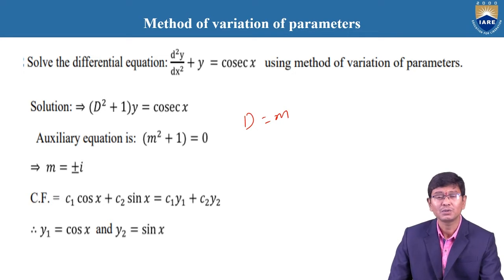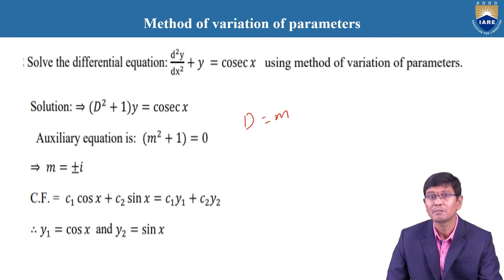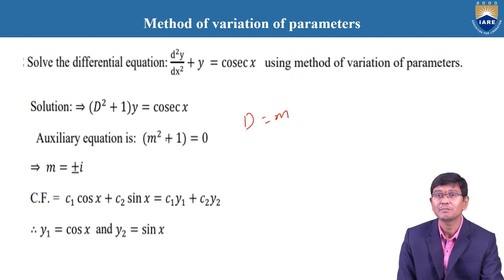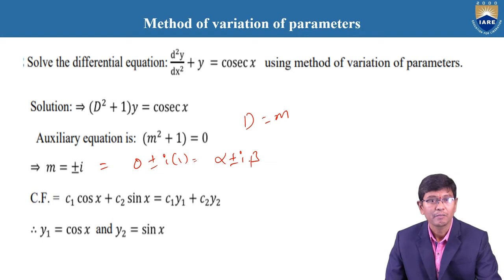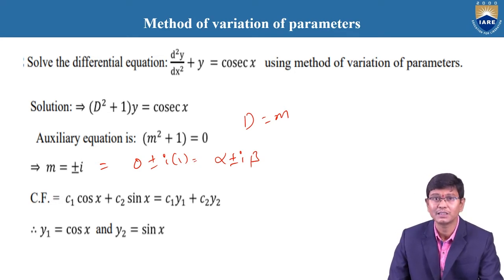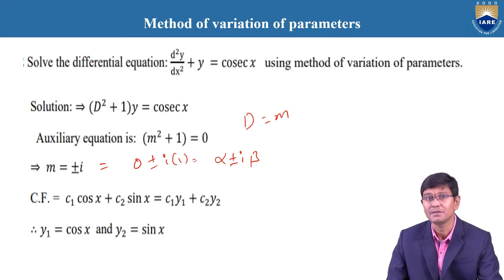The roots are plus or minus i, which are complex roots, that is 0 plus or minus i into 1, in the form alpha plus or minus i beta. By using case 3, whenever the roots are complex, we write e power alpha x into c1 cos beta x plus c2 sin beta x. Here the real part alpha is 0 and the imaginary part beta is equal to 1.